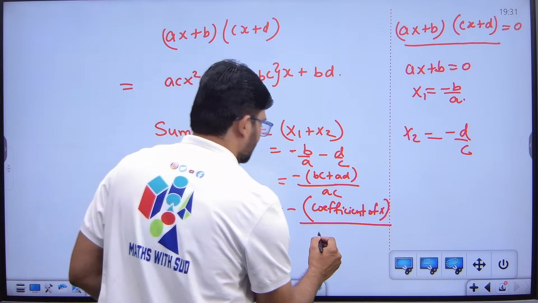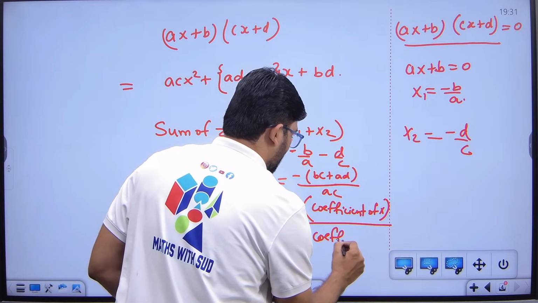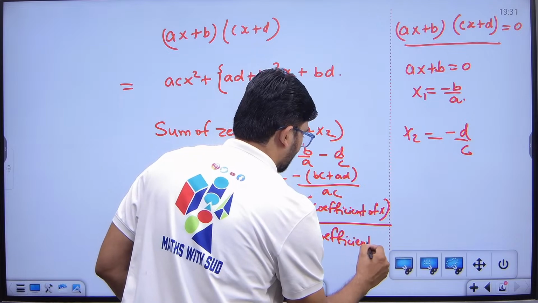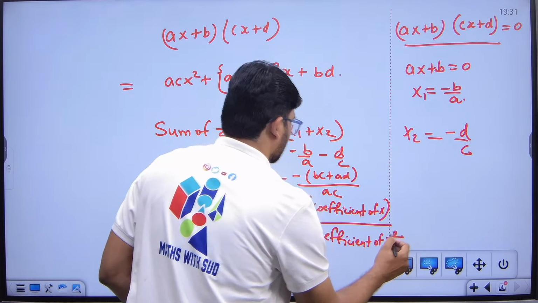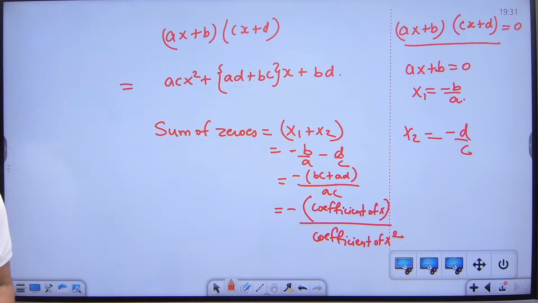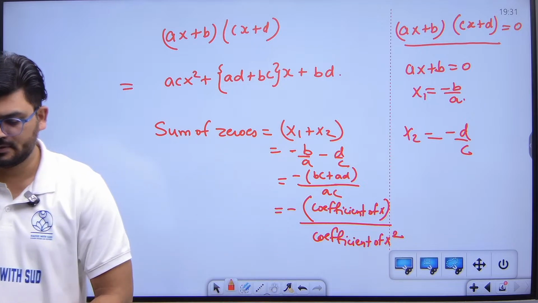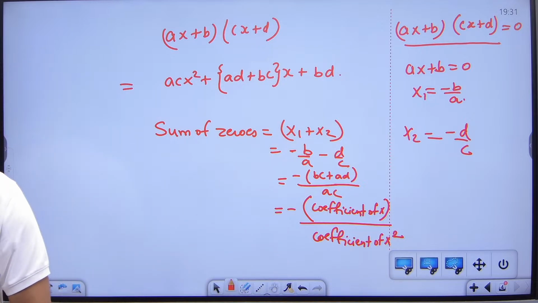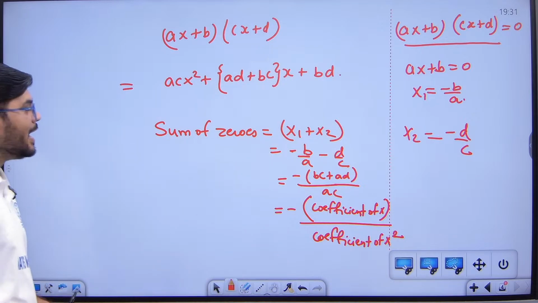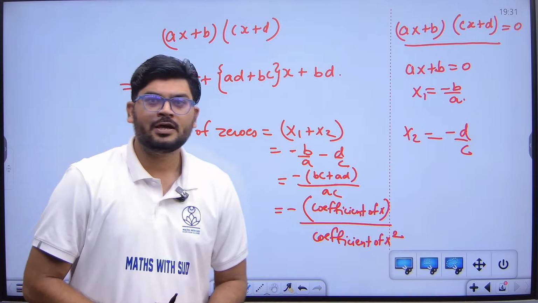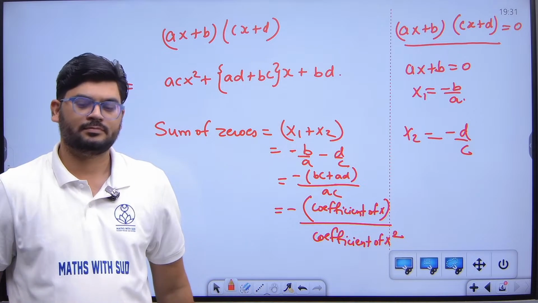Yes. Please write down the sum of zeros. It will always be in this form only. This is the relationship between zeros and the coefficients of a quadratic polynomial.